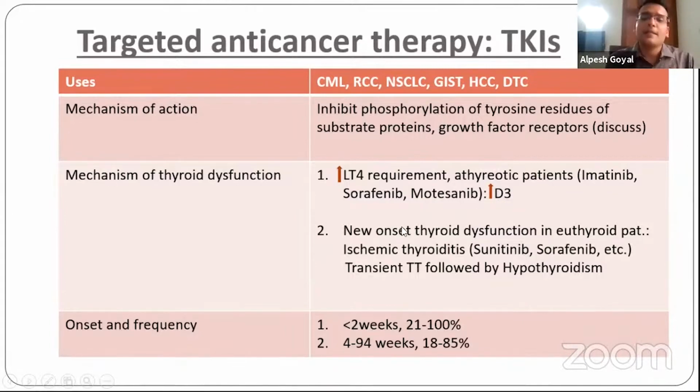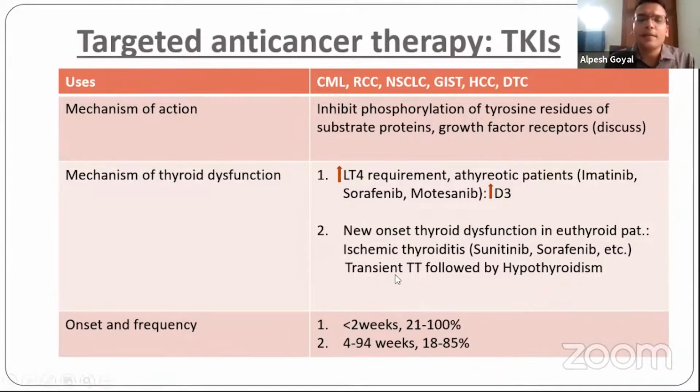The second mechanism is new onset thyroid dysfunction in patients who were previously euthyroid, and this occurs through inhibition of the vascular endothelial growth factor receptor causing ischemic thyroiditis, most commonly seen with sunitinib. However, it has also been reported with other agents such as sorafenib, dasatinib, and axitinib.